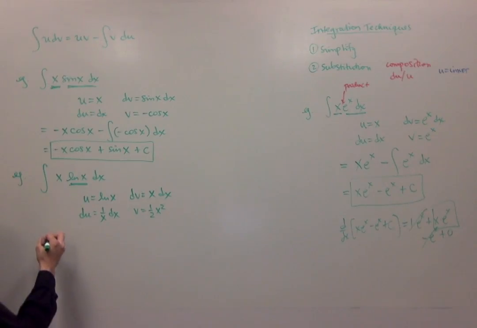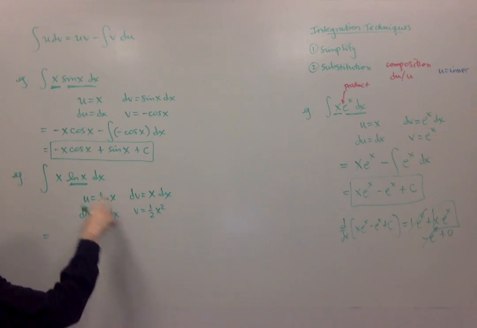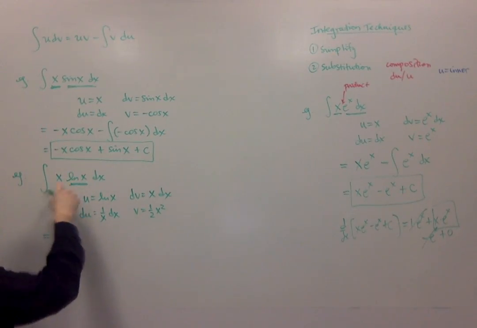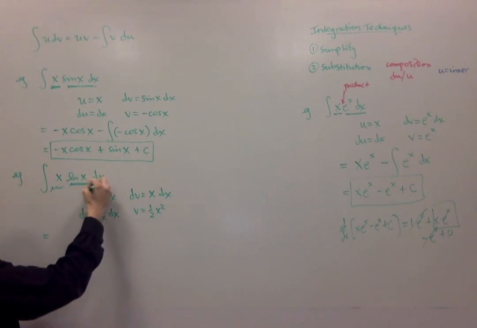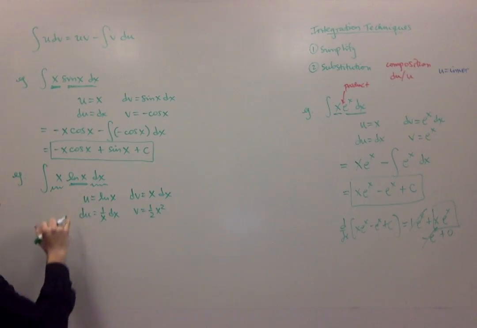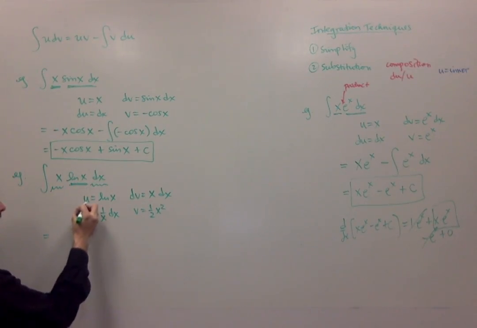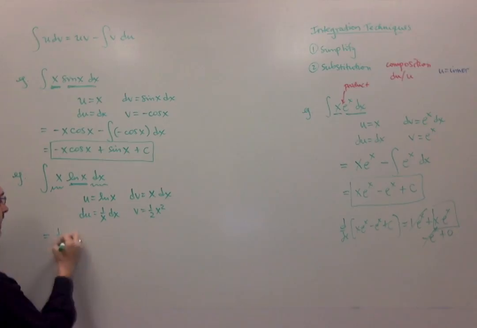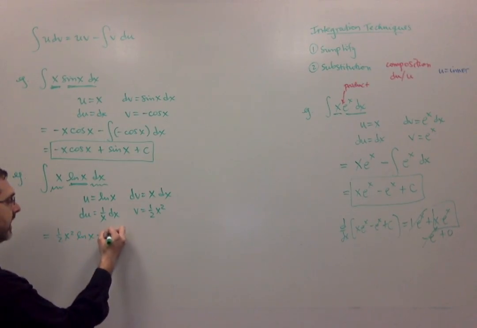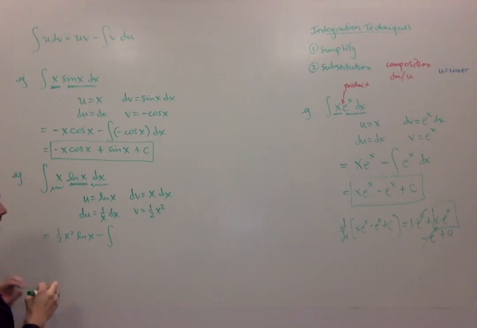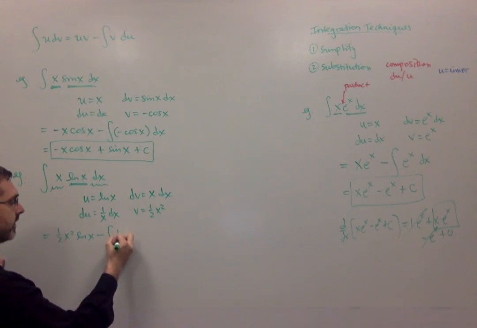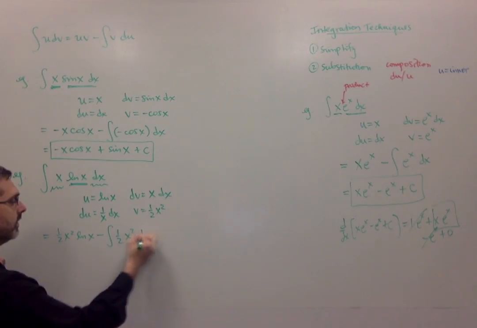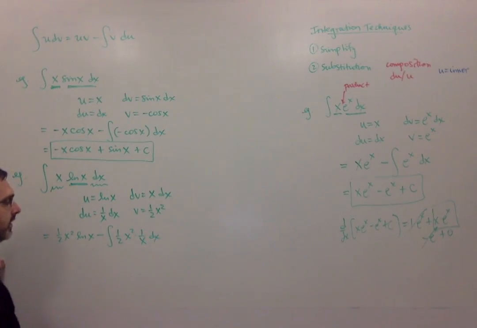So according to my formula, the integral of u dv is going to be u times v, so it's going to be 1/2 x squared natural log of x minus the integral of v du. Okay, my du is 1/x dx.